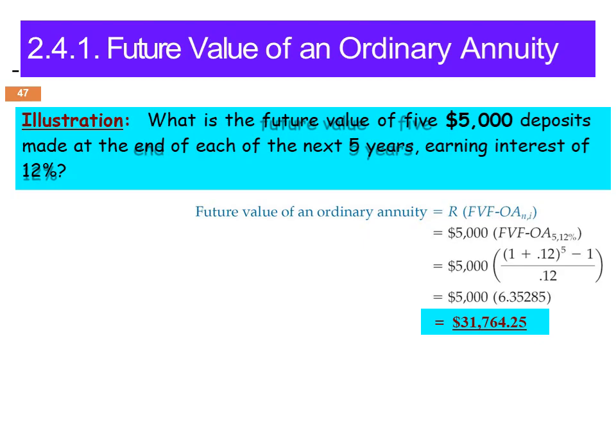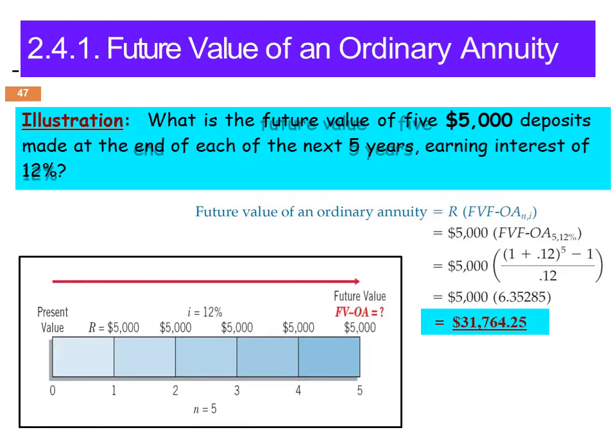Then by using the factor formula or our general formula, we can get the future value. The future value of an ordinary annuity is equal to R, the regular payments, that is the 5,000 deposit at the end of each of the next 5 years, times the factor value, that is 1 plus the 12% rate to the power of 5, minus 1, over 12%.